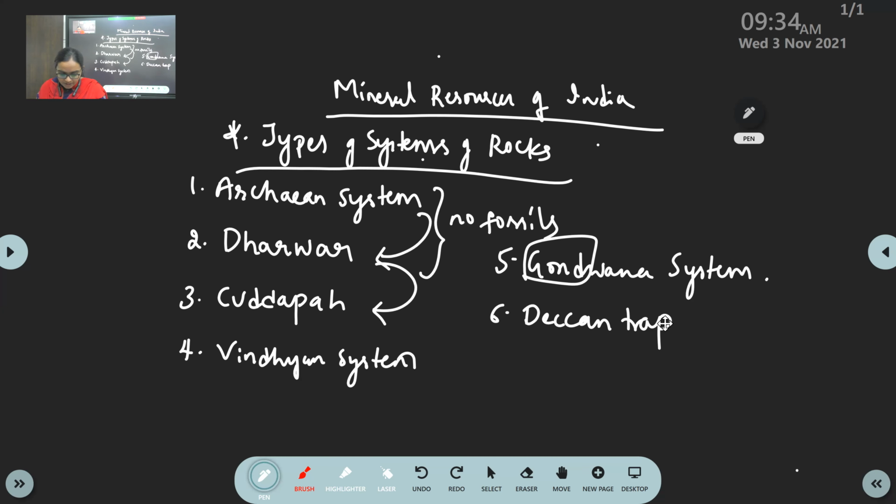Last one, tertiary system. Recently formed rocks.